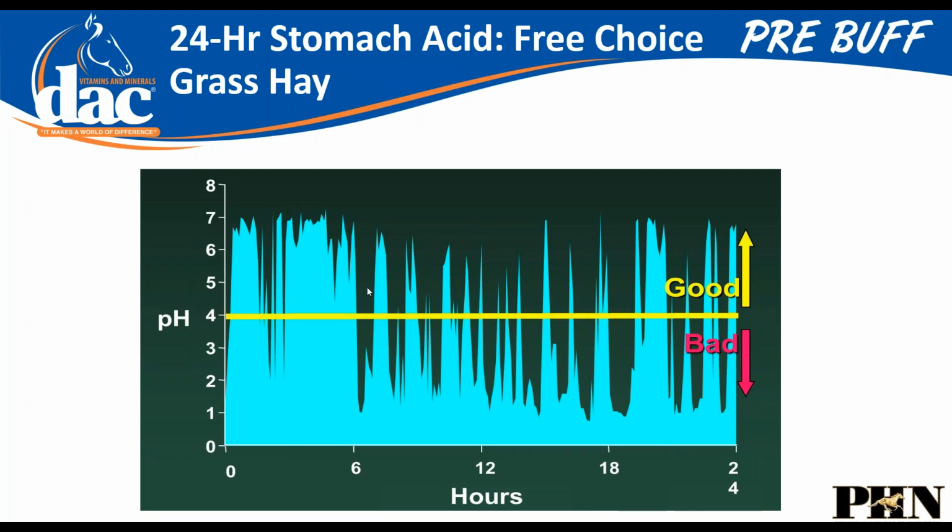And you can see over a 24-hour period when these horses had full-on access to grass hay, the pH measurements were always above a 4. A few times it dropped below, but for the majority of the time we were right close to neutral.